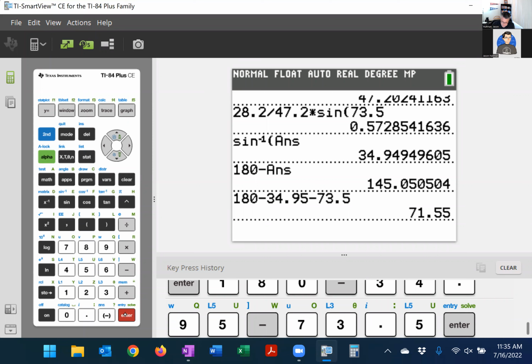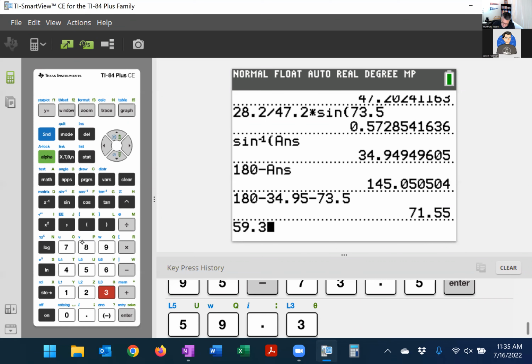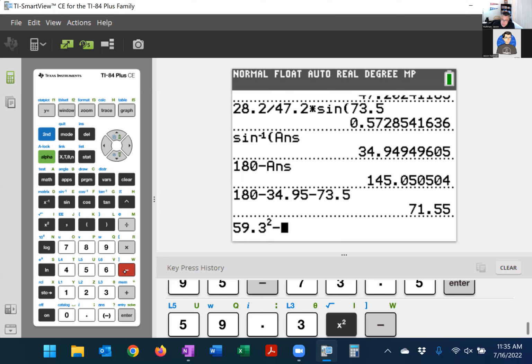So we get 59.3 squared minus, and you can put parentheses on this if you want.